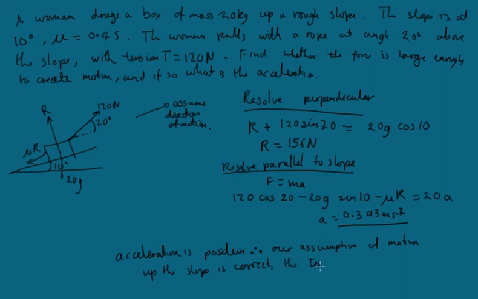The tension in the rope was great enough. Had we got a negative acceleration, then we'd be able to say that the tension in the rope is not strong enough to create motion up the slope. So the box wouldn't be going up the slope at all. So I hope that helps.